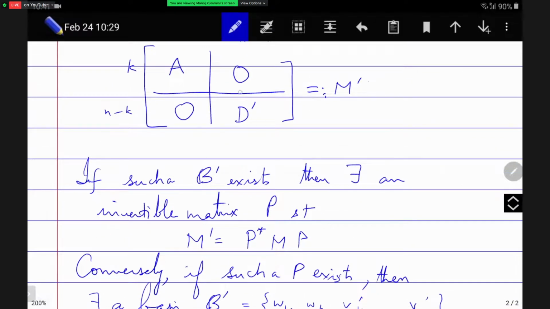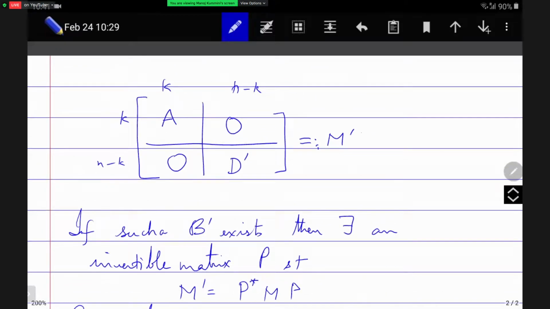It is the zero that signifies this off-diagonal block zero here, and correspondingly a block zero here, because this matrix is Hermitian or symmetric.